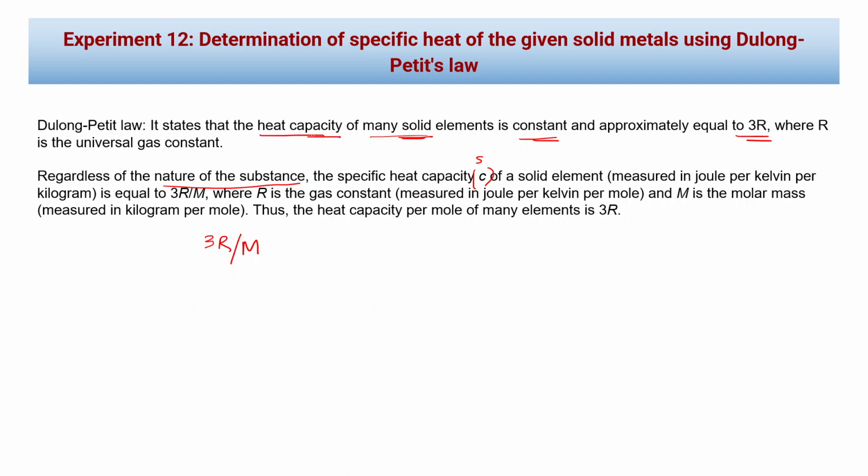If we are just talking about heat capacity, then the value is 3R. Here R is the gas constant, M is the molar mass, and heat capacity per mole for many elements is 3R. So this is the Dulong-Petit law.